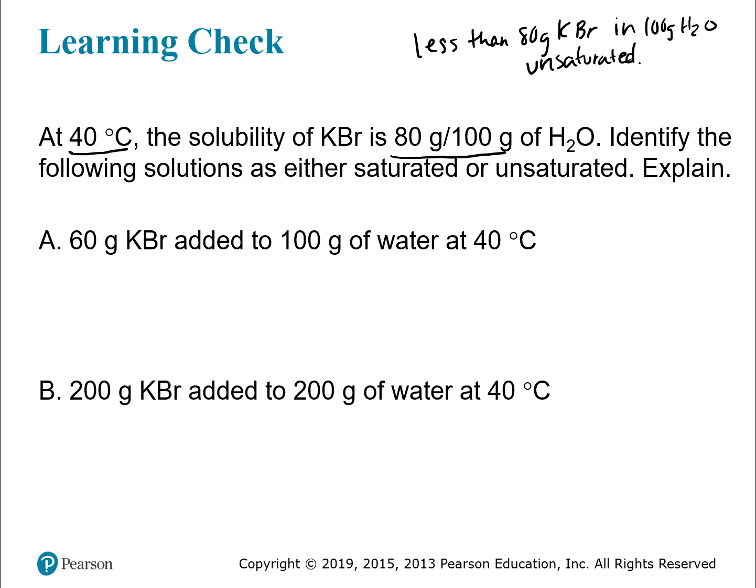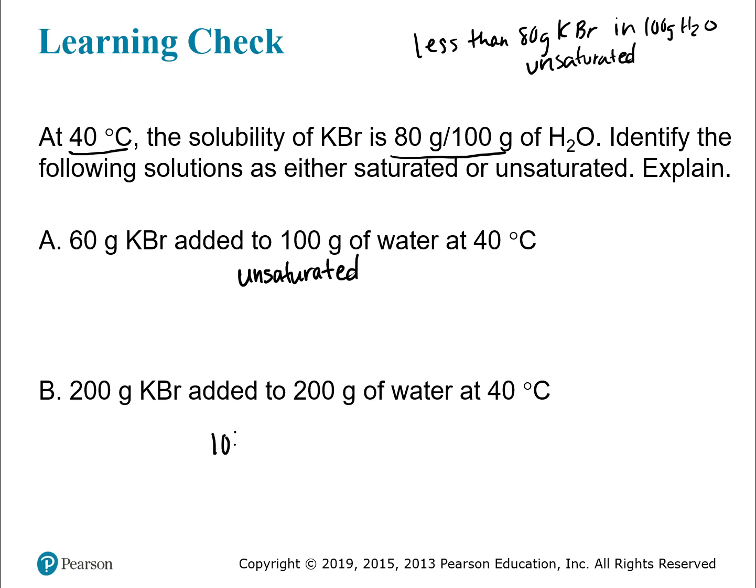So identify each of these solutions as either saturated or unsaturated. If we have 60 grams of potassium bromide added to 100 grams of water, well, we've got 80 grams for every 100 grams, right? That's our solubility. So that means this is absolutely unsaturated. We can add more. Now 200 grams of potassium bromide added to 200 grams of water at 40 degrees Celsius.